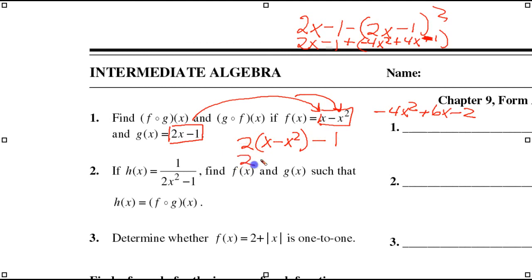So this is 2x minus 2x squared minus 1. And then we put it in better form. So a negative 2x squared plus 2x minus 1 is our answer. Okay.